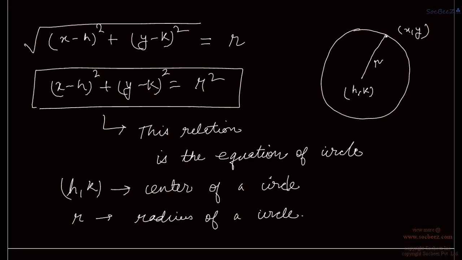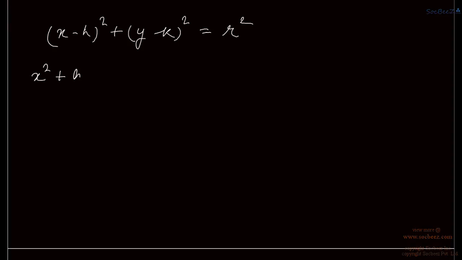Okay. So we have the equation of a circle as (x minus h) square plus (y minus k) square is equal to R square. If we try to expand this expression, we will be getting x square plus h square minus 2hx plus y square plus k square minus 2ky is equal to R square.